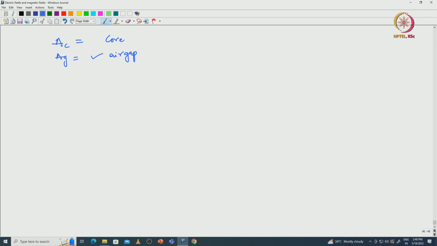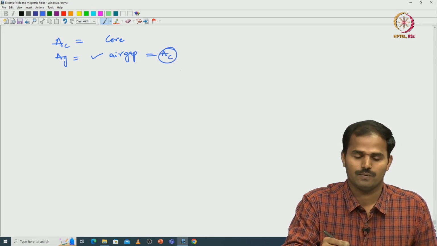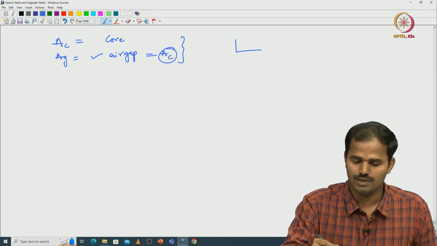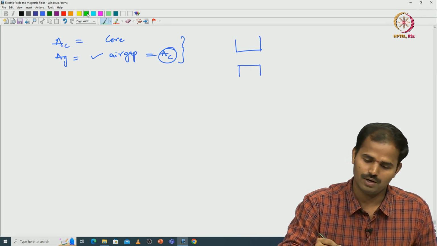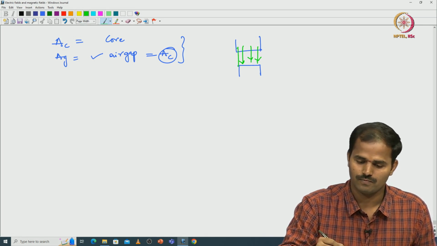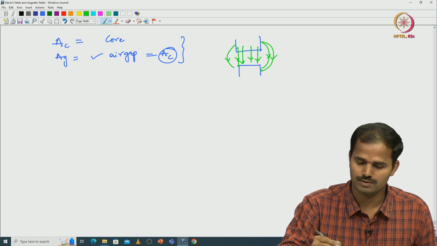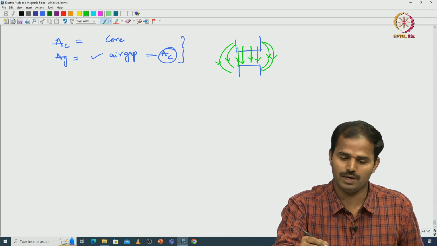If I neglect the fringing effect and consider Ag equal to Ac, the fringing flux is nothing but the flux which goes outside the area Ac. This is the fringing flux coming outside the core cross-sectional area.